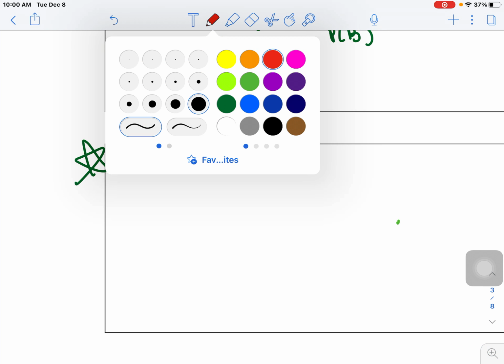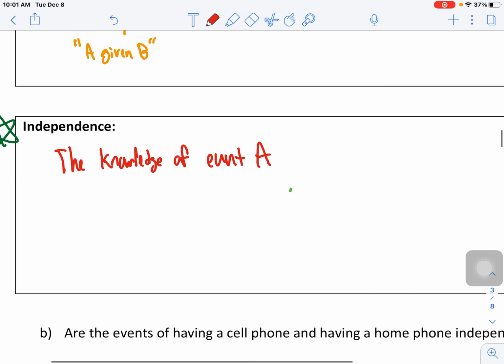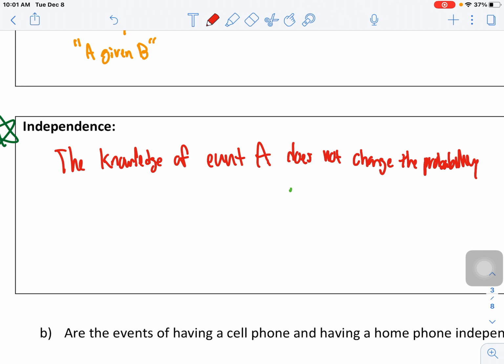So what this means is that the knowledge of event A does not change the probability of event B.